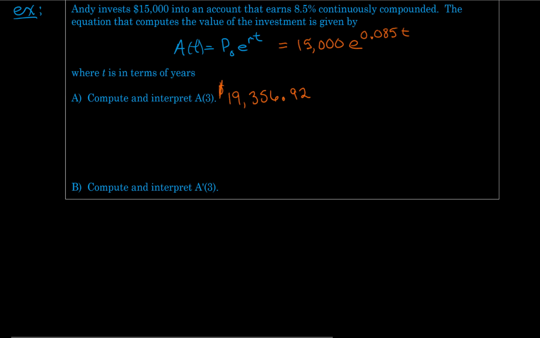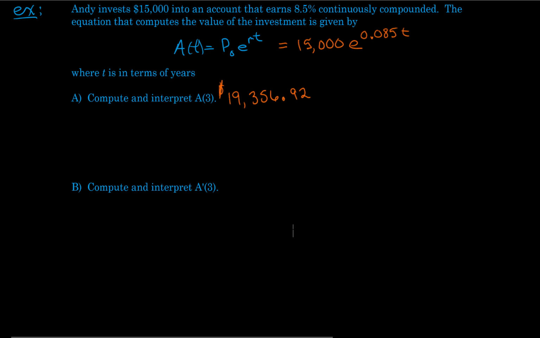What this means is that in 3 years, see the 3 here? In 3 years, the total amount in the account will be $19,356.92. So there is the value for A of 3.